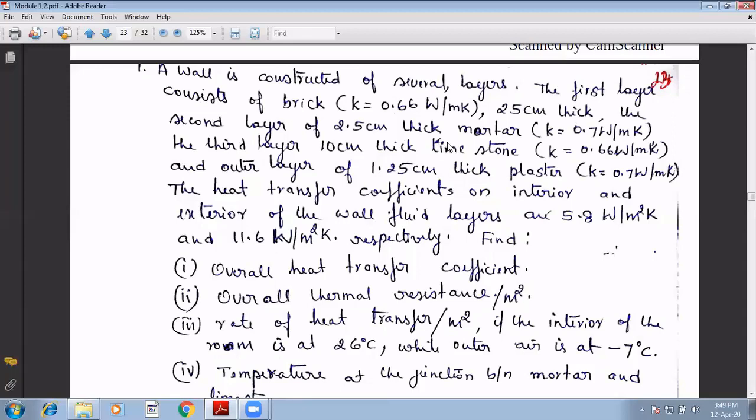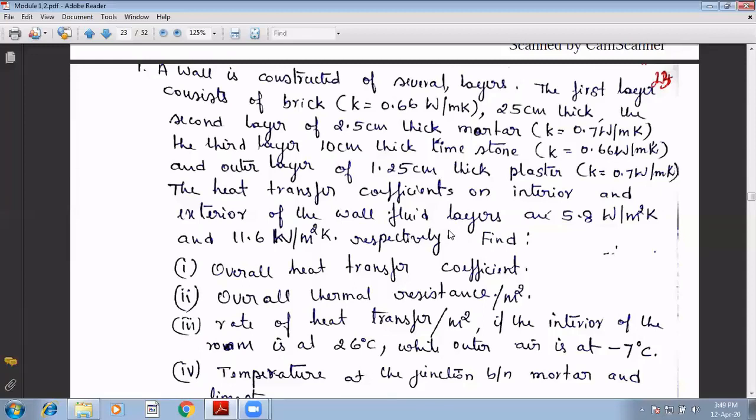Second is mortar, thickness 2.5 centimeter and K value 0.7. Third is limestone, thickness 10 centimeter, K value 0.66. And the outer layer is plaster, thickness 1.25 centimeter and K value 0.7 watt per meter Kelvin.